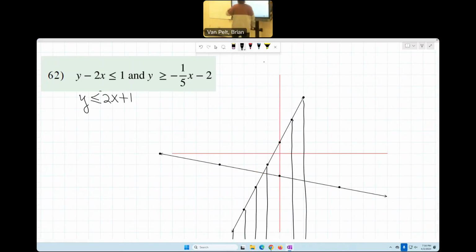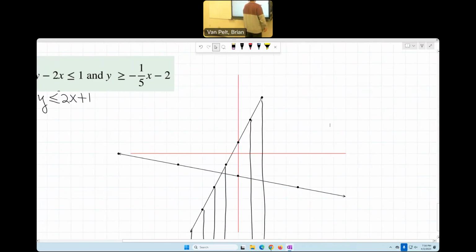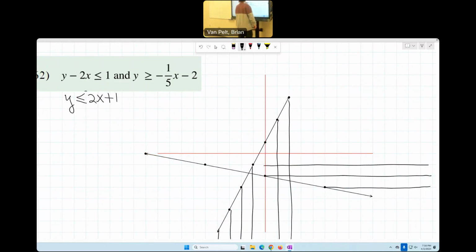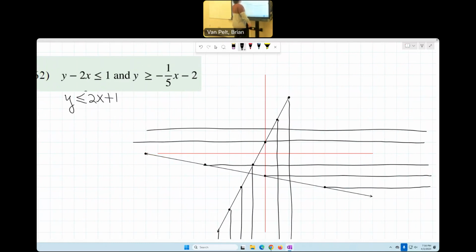So we come over here horizontal, once you hit the line. But as you can see, the whole region won't go that way.